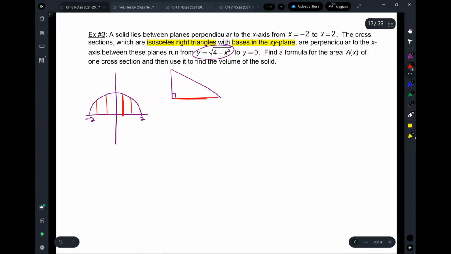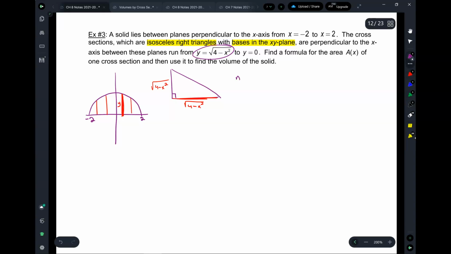Okay, so let's find the formula for the area. The formula for the area of the triangle is half times base times height. So how much is this distance here? Just y, no? Just y, which is the square root of 4 minus x squared. So anytime you go from the x-axis to the graph, it's y. And this is also the same.